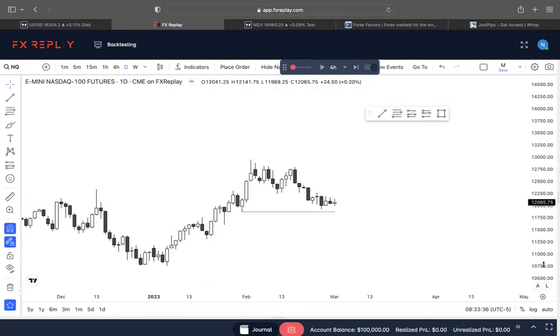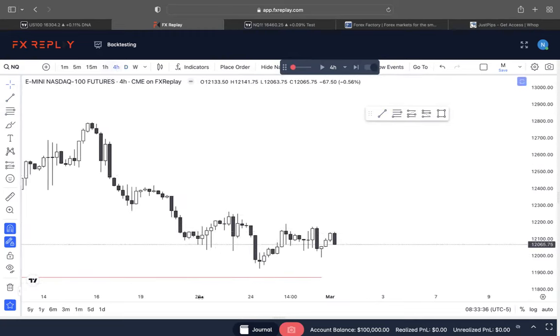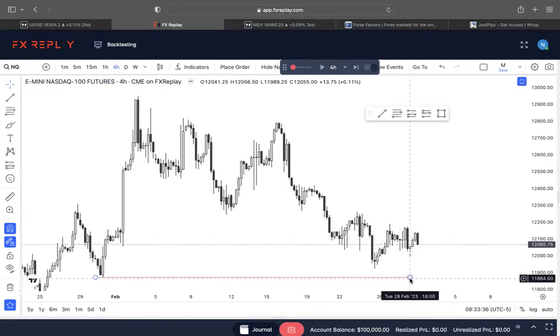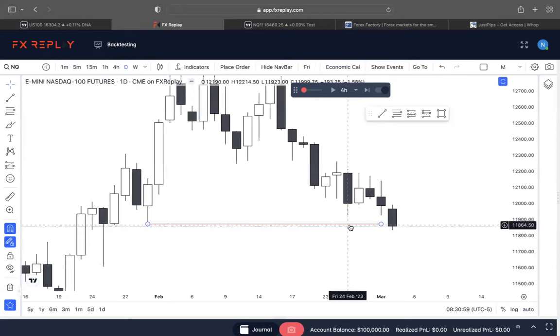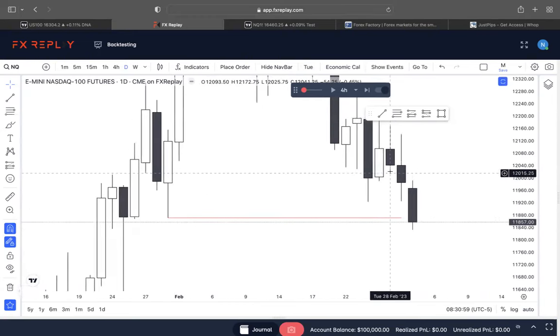So our overall bias is longs long term, but yeah, H4 has rolled bearish, so I'll be seeking this low here. We are testing this fractal low, structure low even.